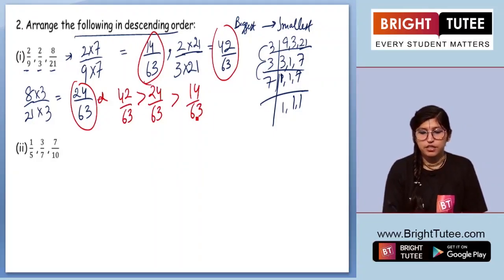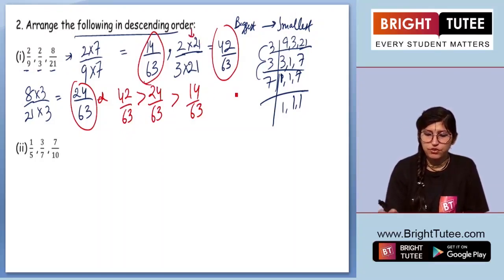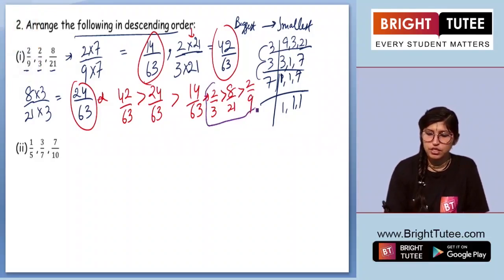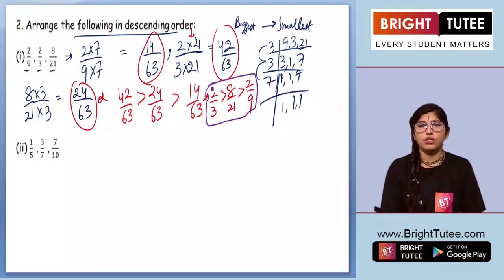If I check, 42 upon 63 is 2 by 3. So what do we get? We'll be getting 2 by 3 is greater than 8 by 21 is greater than 2 by 9. So this is the final answer which we arranged in descending order.